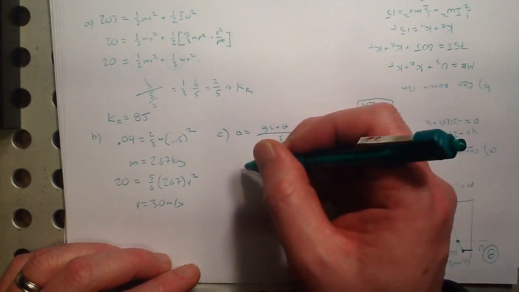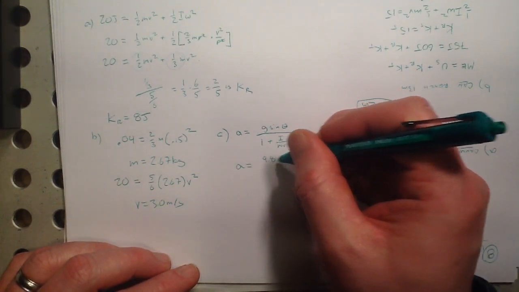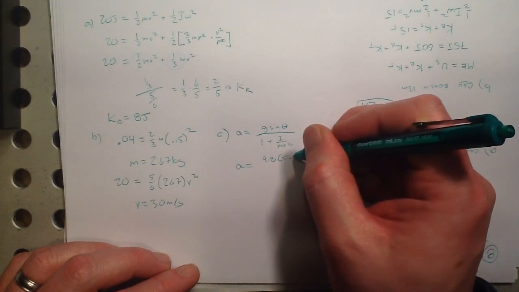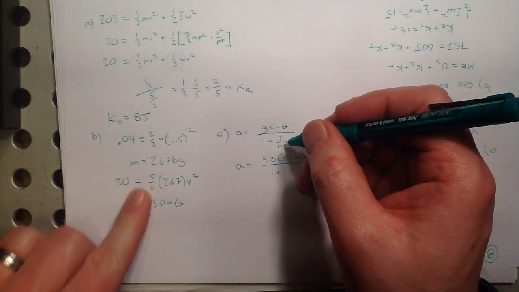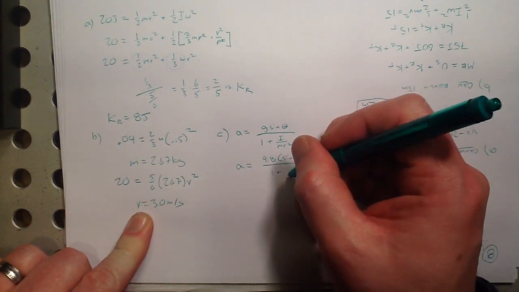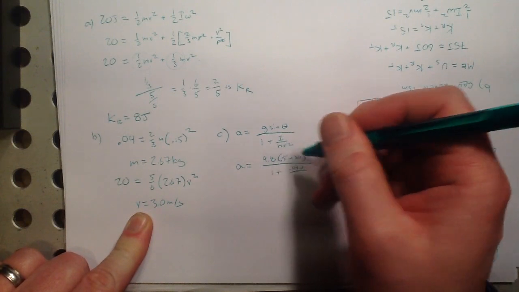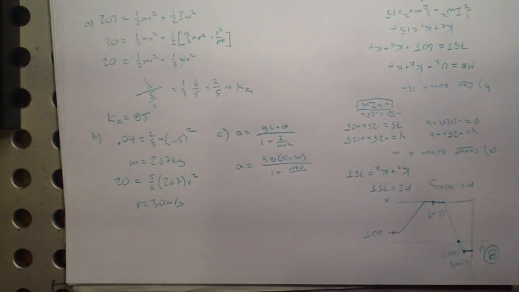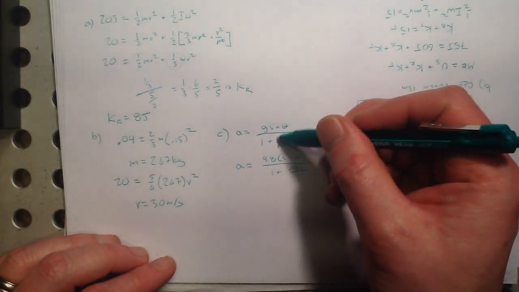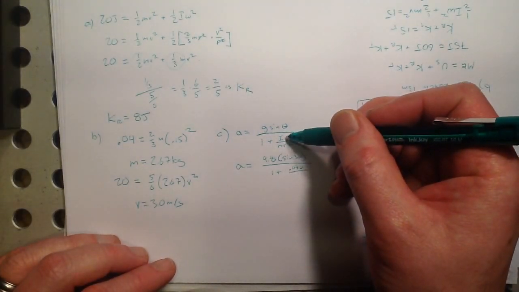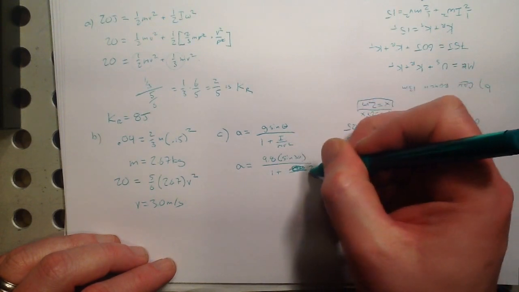So I think I have all this stuff. The acceleration is g times the sine of 30, which is 1/2, over 1 plus the rotational inertia over mr squared. And we could use the trick here. The rotational inertia is 2/3 mr squared, and we're dividing by mr squared, so that's just going to be 2/3.